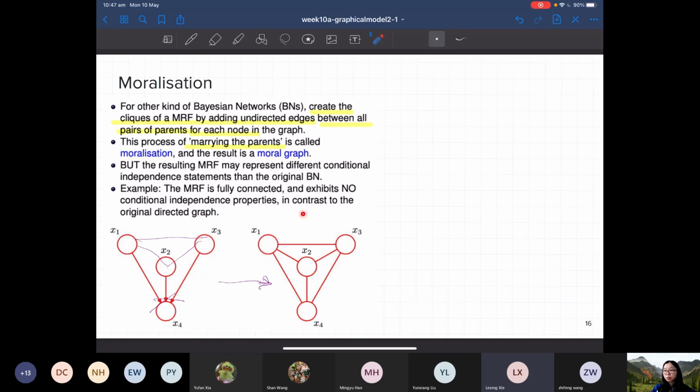So you may say, what is the point of this, right? Let me just say that this is a warning that directed graphs and undirected graphs are different languages for expressing conditional independence.